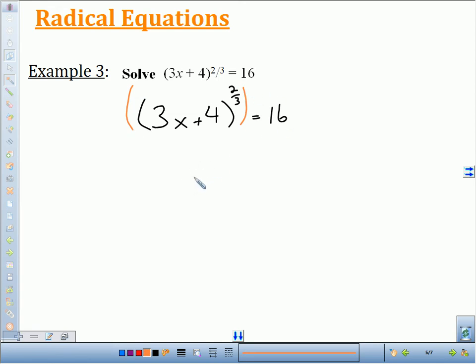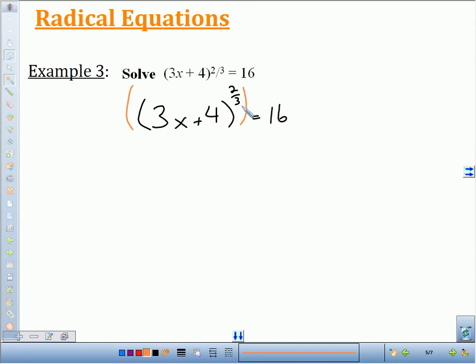Now, dealing with rational exponents is a little different than dealing with radicals. We could, if we wanted to, convert it to a radical and deal with it from there, but that would be a little more complicated. Instead, we are going to raise both sides of the equation to the reciprocal of this power.